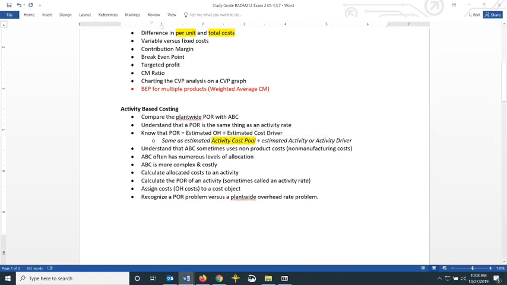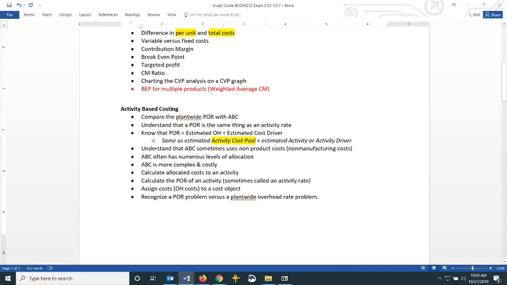And sometimes that requires you to just simply add up all of the costs that they tell you are overhead costs. And from there, figure out what the driver is, and that's just a matter of reading the narrative, the activity driver, what it is that makes the costs go up. And that's the same in a predetermined overhead rate or ABC. Once you come up with that rate, you're simply multiplying it times the actual activity.